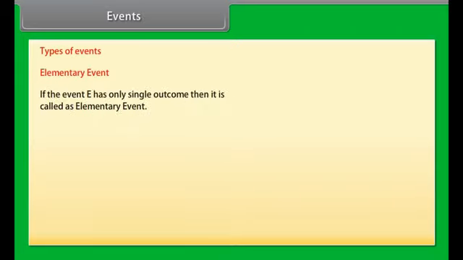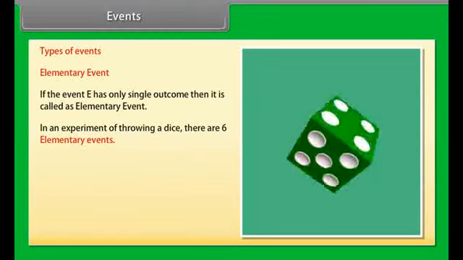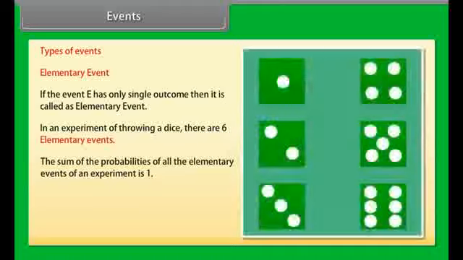Types of events. Elementary event. If the event E has only a single outcome, then it is called an elementary event. In an experiment of throwing a dice, there are 6 elementary events. The sum of the probabilities of all the elementary events of an experiment is 1. Complementary events.